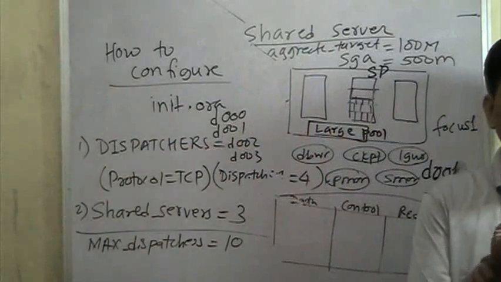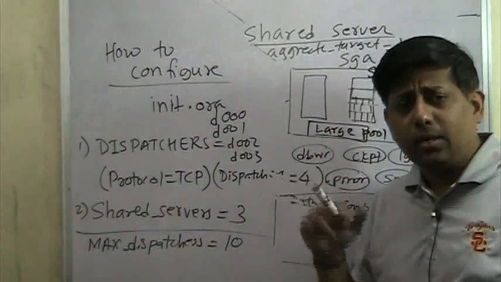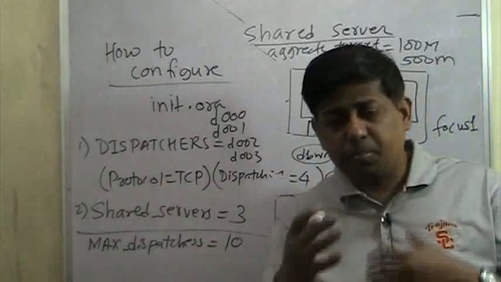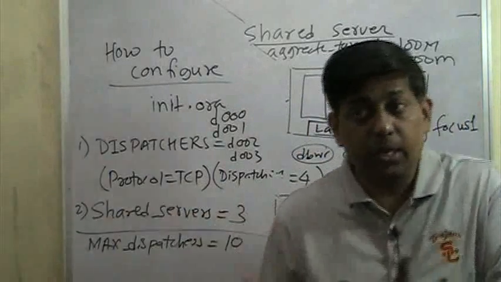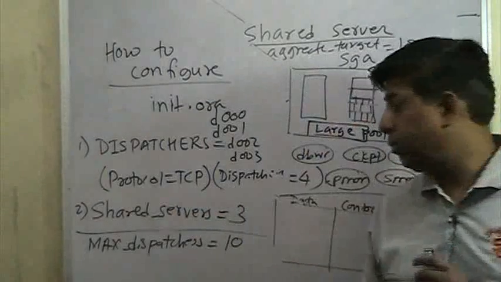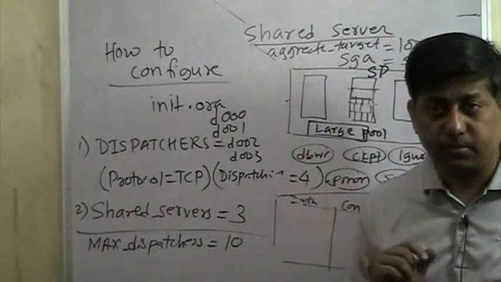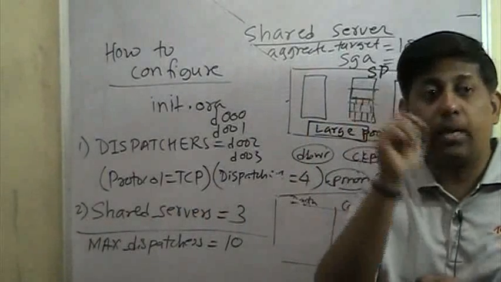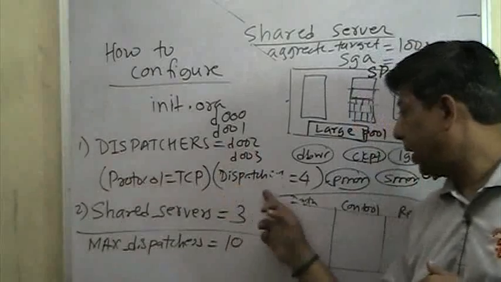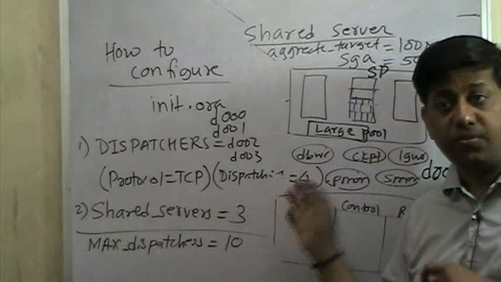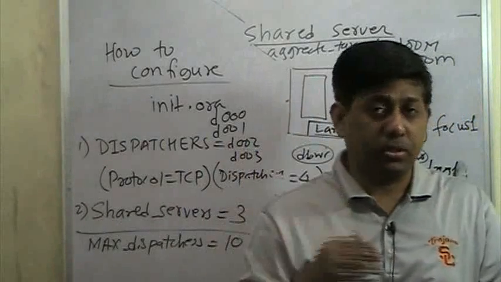It means once we have started our database with the 4 dispatchers, later on, after checking our performance views, which are V$DISPATCHER and V$SHARED_SERVER, we realize that we need one more dispatcher. Then we can increase it from 4 to 5. How do we increase it? We just say alter system set dispatchers is equal to the same thing, and dispatchers is equal to 5. So from that point, when we run the alter system command, there would be 5 dispatchers.